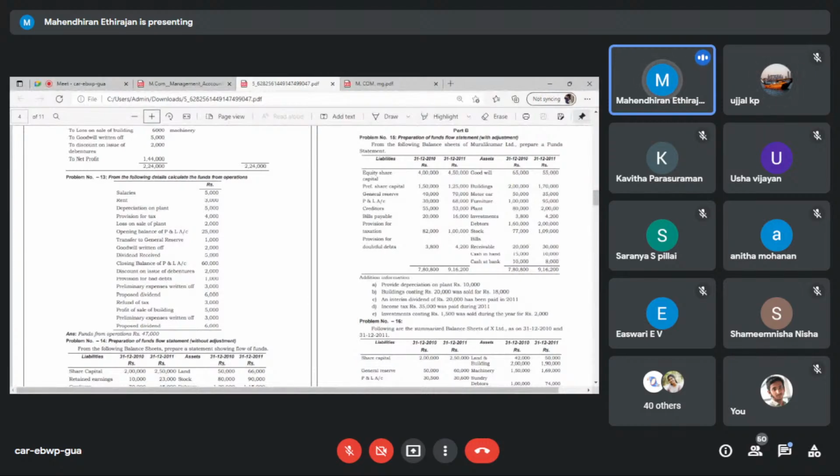That 35,000 is the difference value. 35,000, add 5,000 for depreciation, taxation 4,000, loss on sale of building 2,000, transfer to general reserve 1,000, goodwill written off 2,000, and the discount on issue of share debenture also 2,000, preliminary expenses write off 3,000, proposed dividend 6,000.